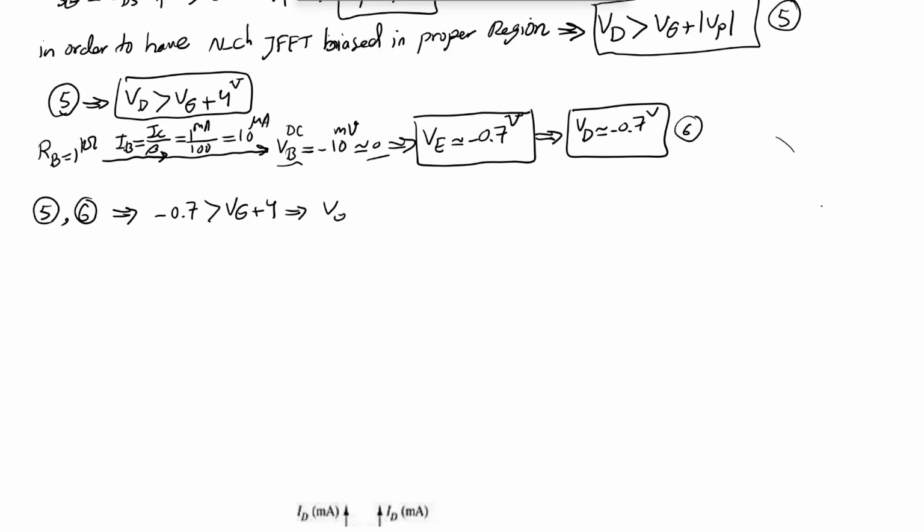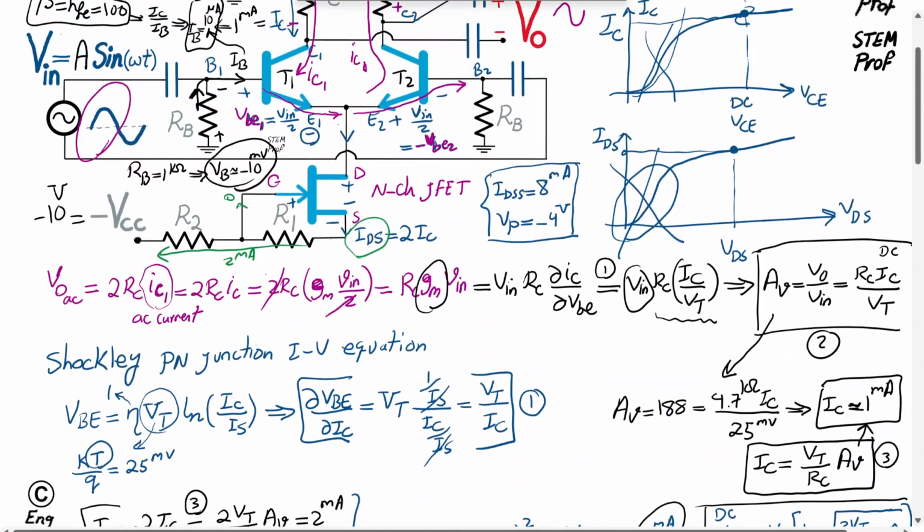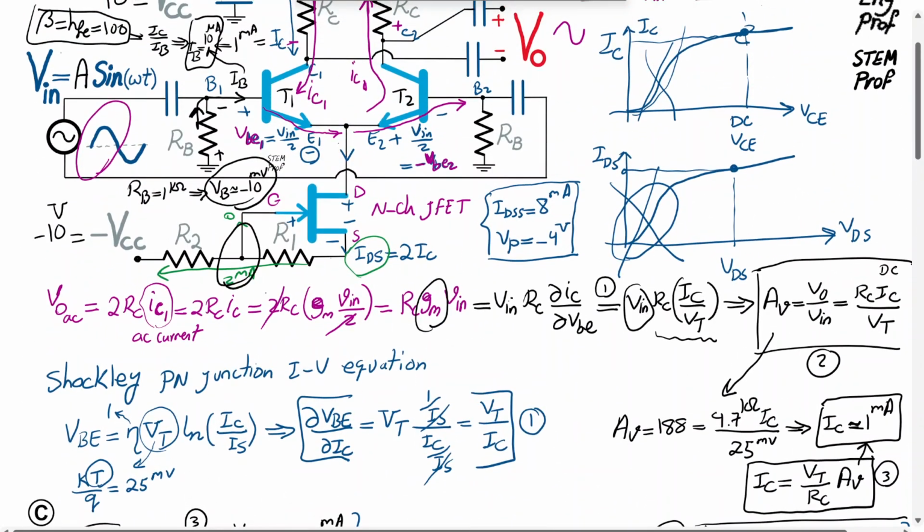So I get V gate should be less than -4.7 volt. Okay, what is the benefit of this? Well, V gate is this middle node between R1 and R2. I know that I can find the value of this V gate as a function of the voltage drop across R2 and the minus VCC of minus 10 volts.